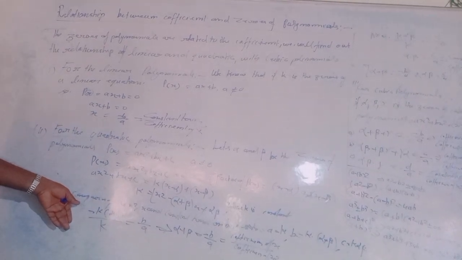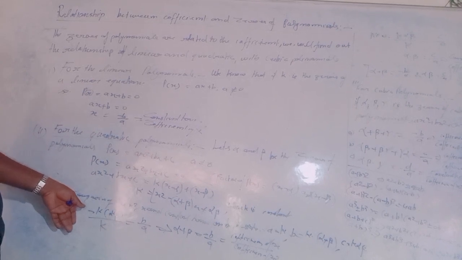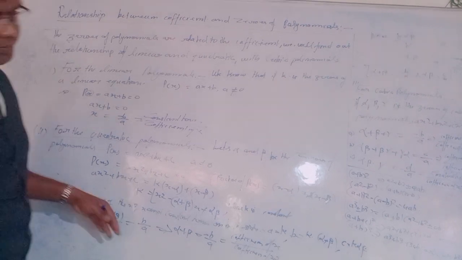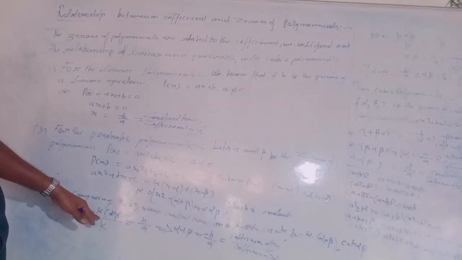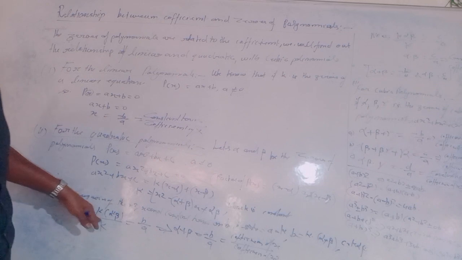Got it? Now (a minus b) whole cube. In the same way, you can write 3ab(a minus b). Here it converts from the a plus b case.